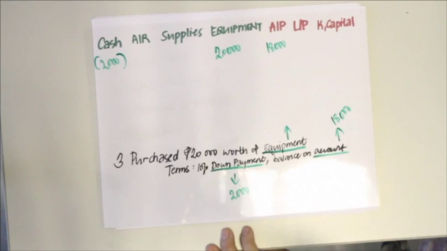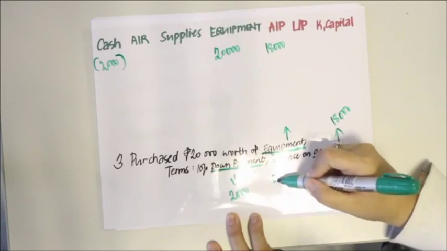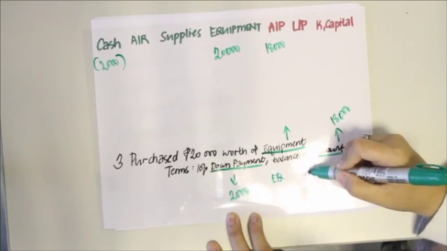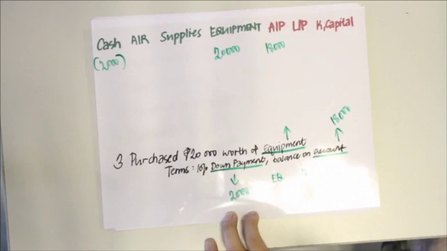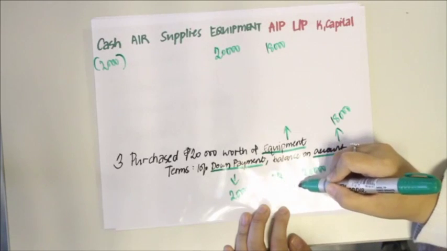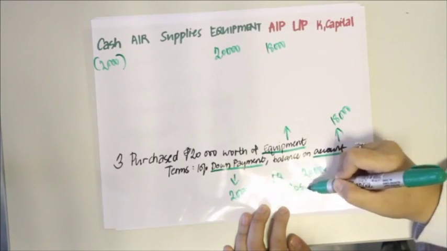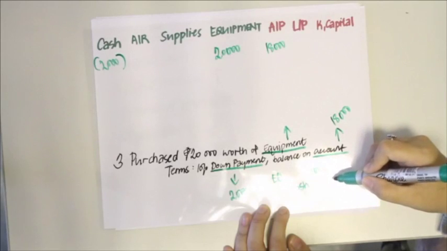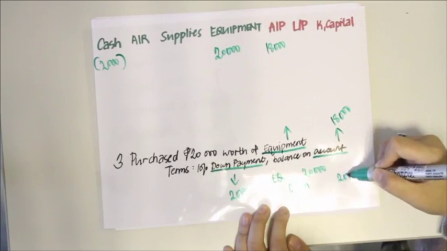Again, since you had an increase in your equipment, you have to debit it since it's an asset. So debit equipment for 20,000. And then you have a decrease in your cash of 2,000. So since it's a decrease in your asset, you have to credit cash for 2,000.